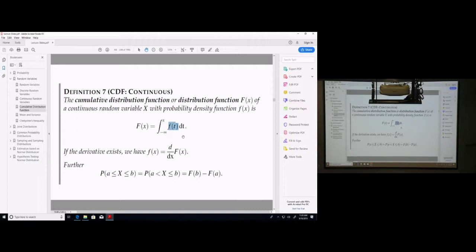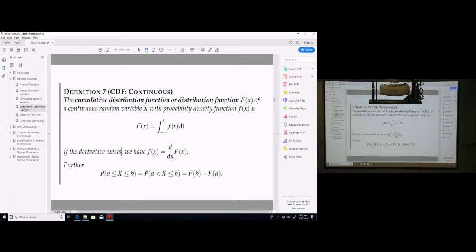Now, here, we are careful here. If the derivative exists, I think we have to be a bit careful, because there are two functions that we are talking about. It means the derivative of the big F exists, all right?